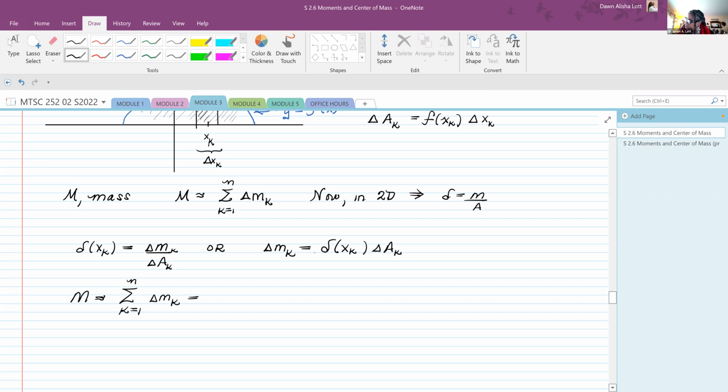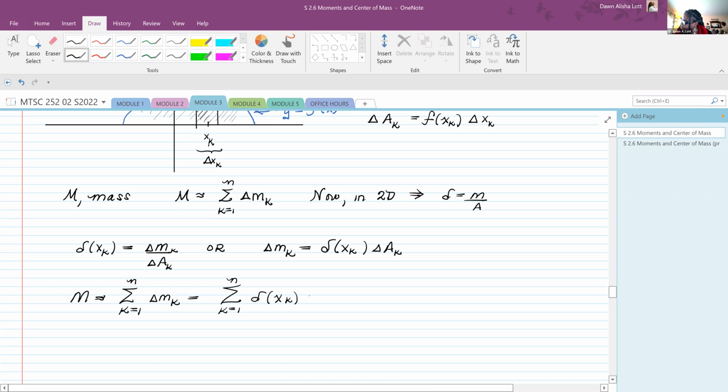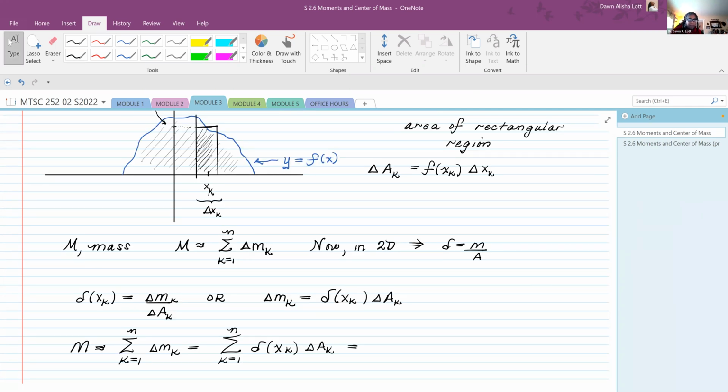In the place of delta mk, I get the sum, k equals 1 to n, of delta of xk times my area, ak. But I know what that is. Okay, so I'm doing a lot of substituting here. The first substitution I did was I took delta mk and put that in here.